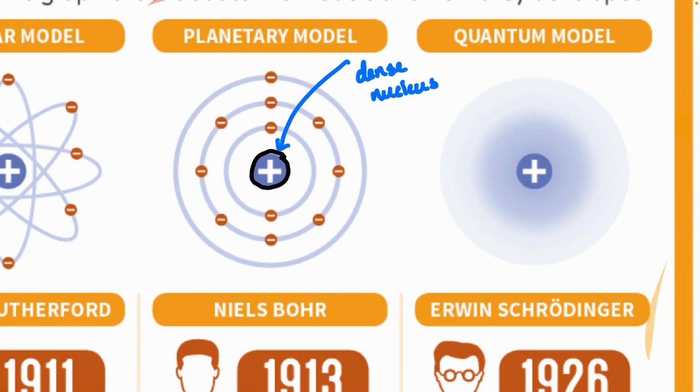And on the outside is where we have all of our electrons that are kind of moving around that central nucleus. Much like how the planets orbit the sun, we have these electrons that are orbiting around that central nucleus sitting in the middle. Okay, so here are our electrons. They're orbiting the nucleus.